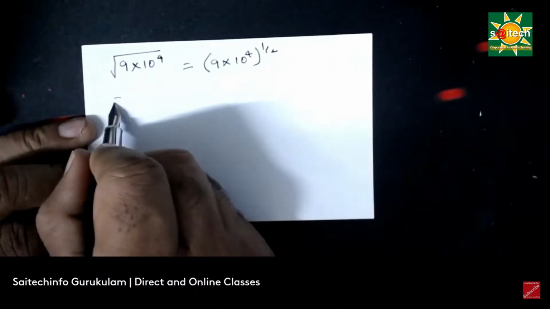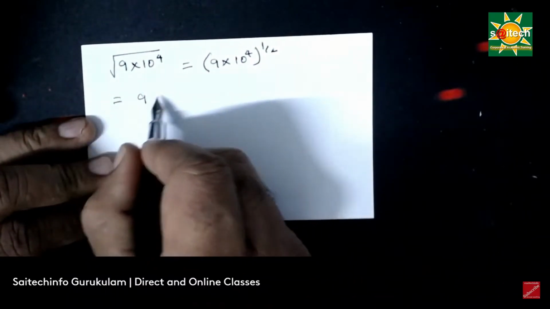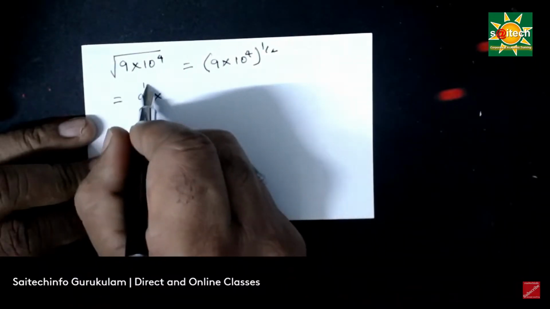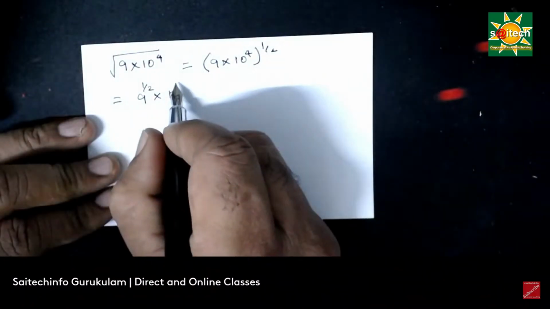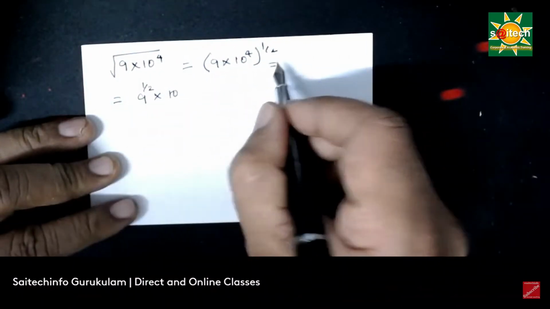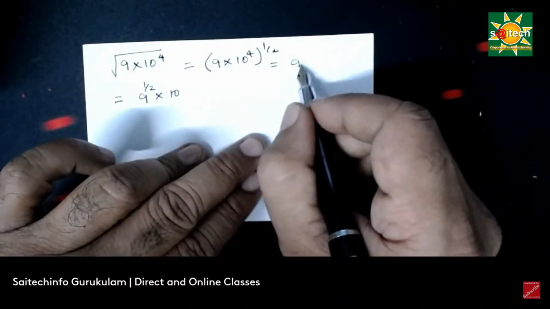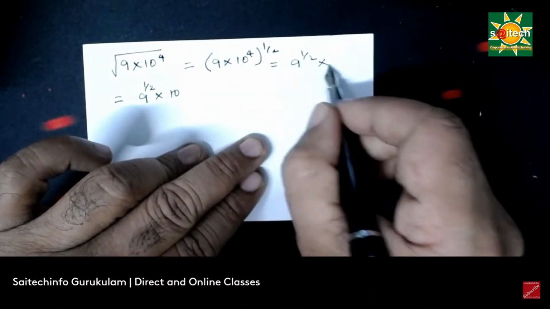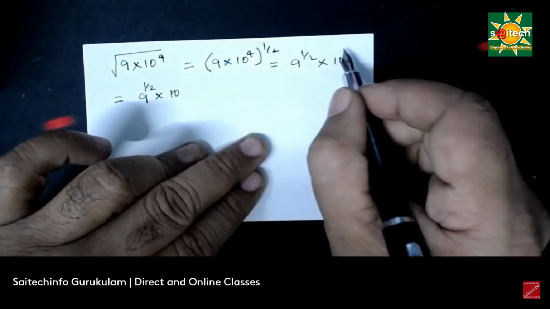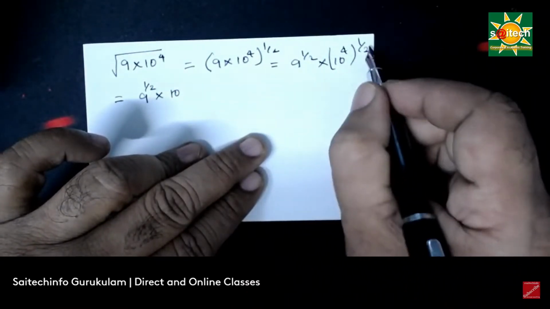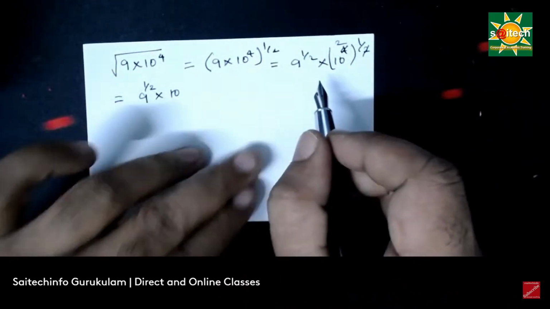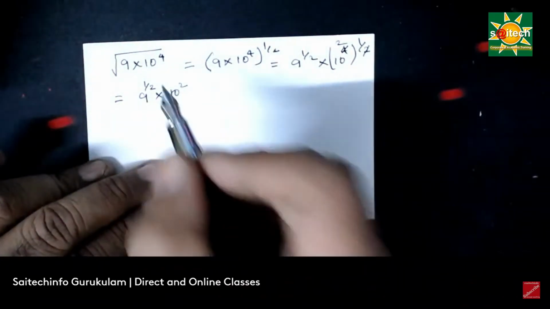And that is equal to 9 power half into 10 squared, is it not? Because you have to bring inside. So 9 power half into 10 power 4 power 1 by 2. So that becomes 2, so 10 squared.